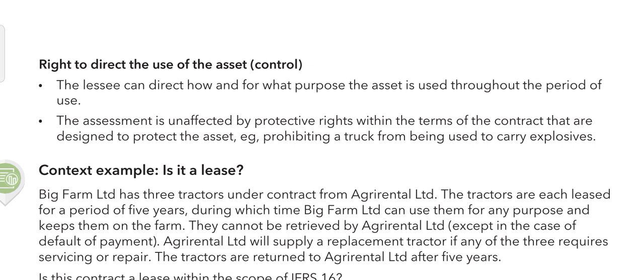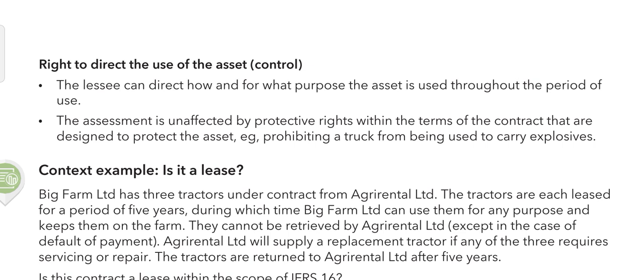And the last topic is the right to direct the use of the asset, which is control. The lessee can direct how and for what purpose the asset is used throughout the period of use. The assessment is unaffected by protective rights within the terms of the contract that are designed to protect the asset.